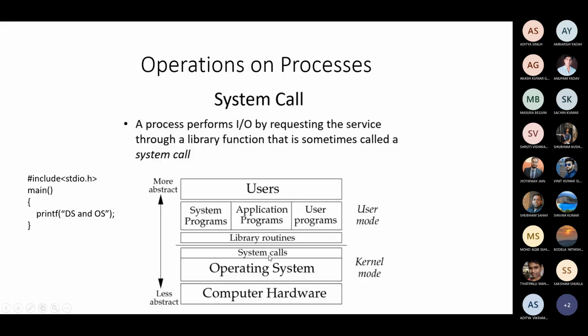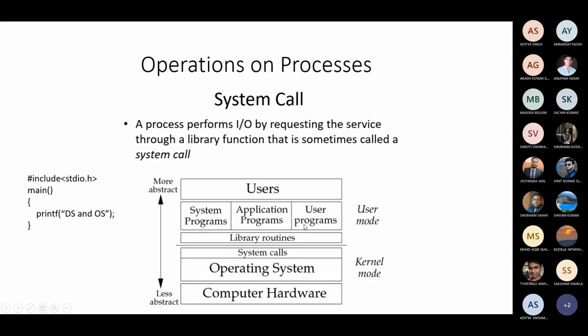This library routine will call the system calls to print so that your display will come on the output. We are not going down and studying programming languages so deeply; in a mission we will understand this is a high level language or a middle level language. The libraries that have been defined are associated with the programs that we are developing.